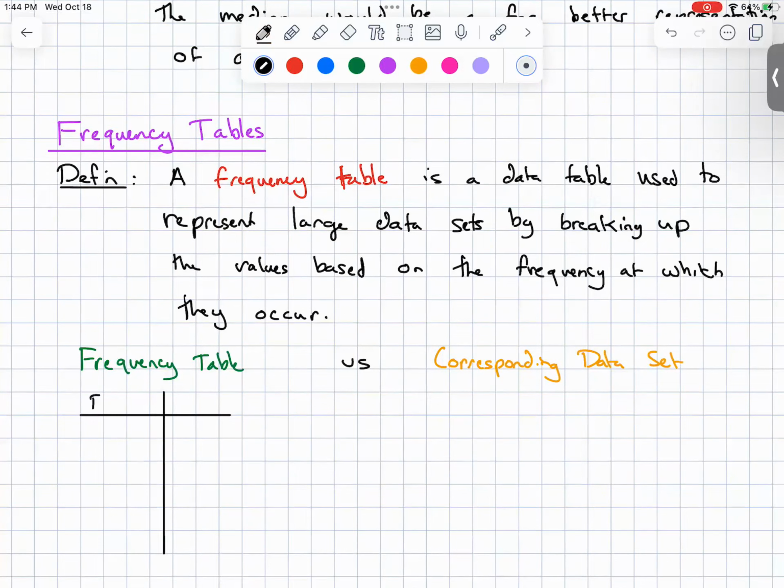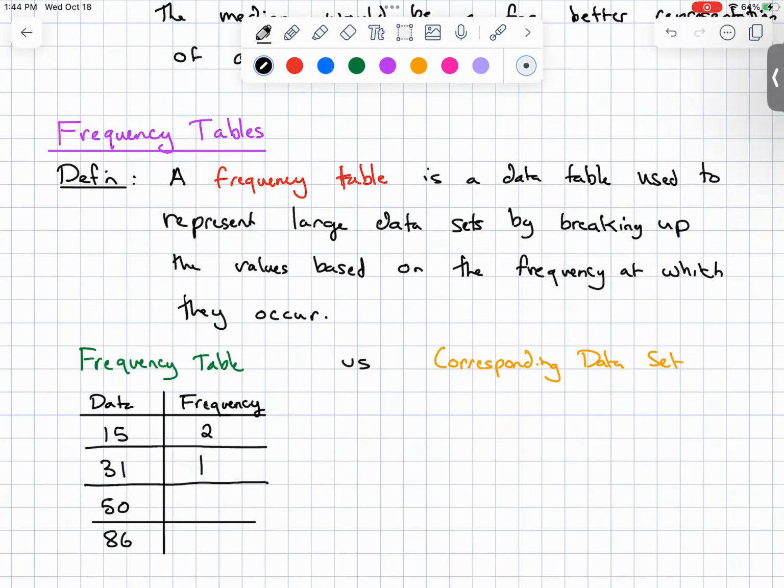It says data and frequency. So the data is 15, 31, 50, and 86 with frequencies 2, 1, 4, and 2.